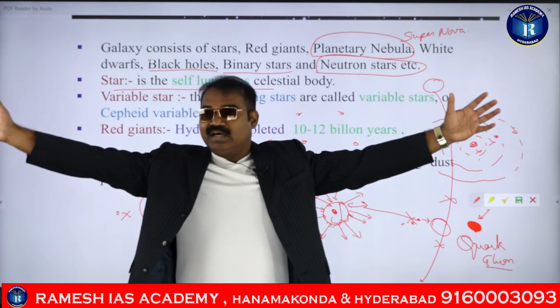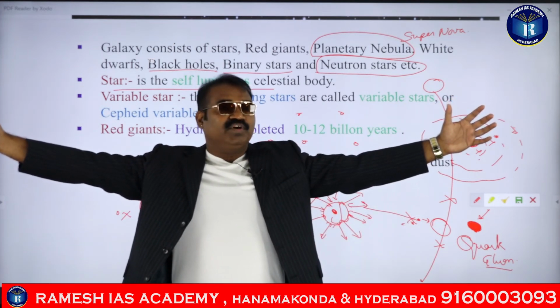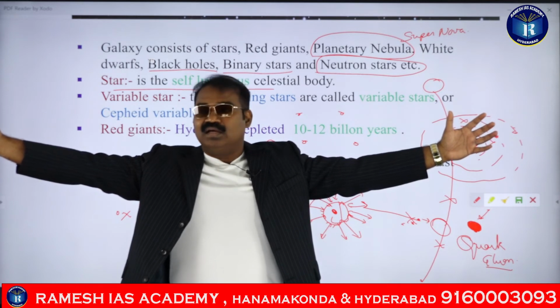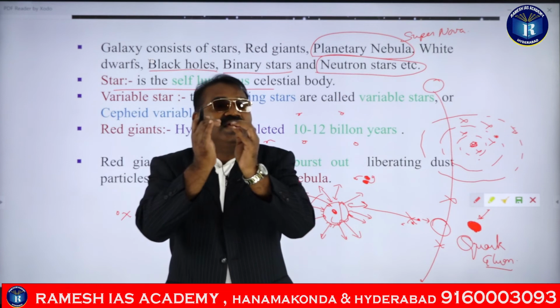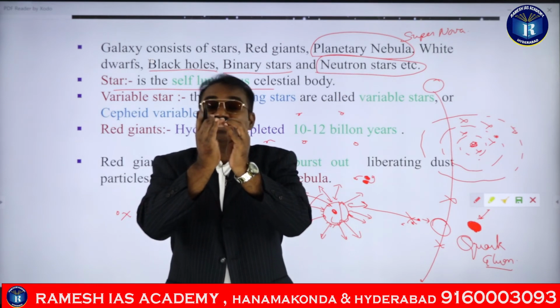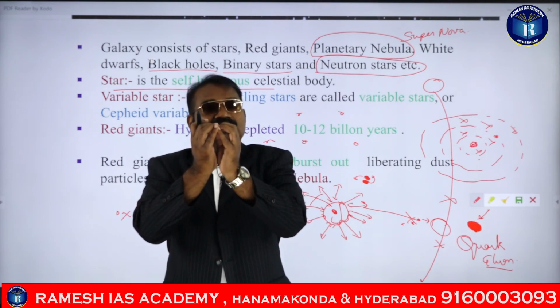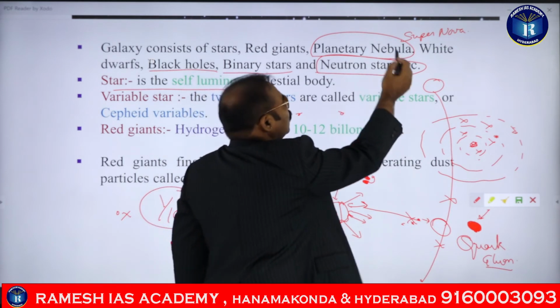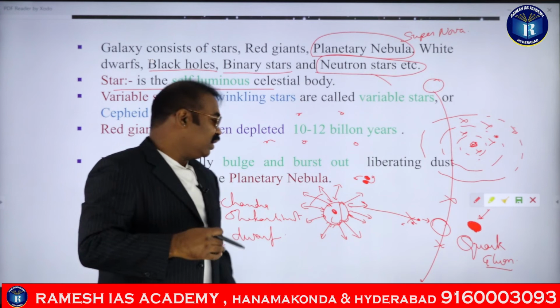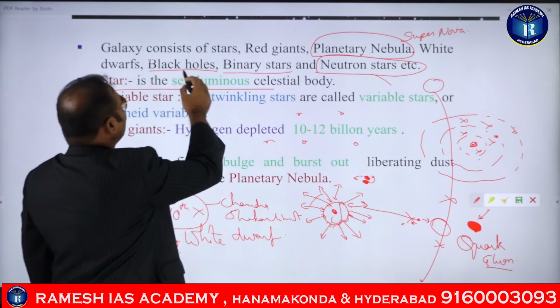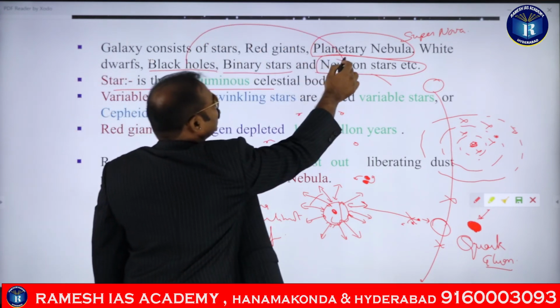So the bigger star which was 15 to 25 times more than our sun, when it collapsed, the center which is still bigger than the sun is called the neutron star. And there is one theory which says that black holes will be formed only by the neutron stars.